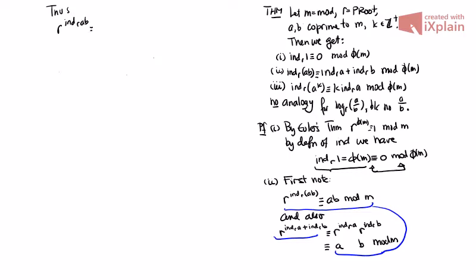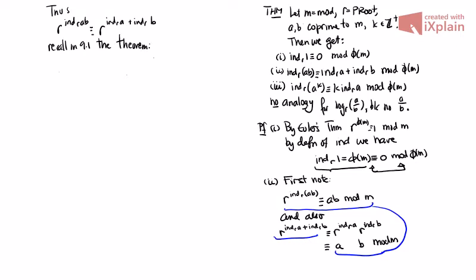This is congruent to r to the index base r of a plus the index base r of b. And recall a theorem in 9.1, which we mentioned maybe 10 minutes ago.